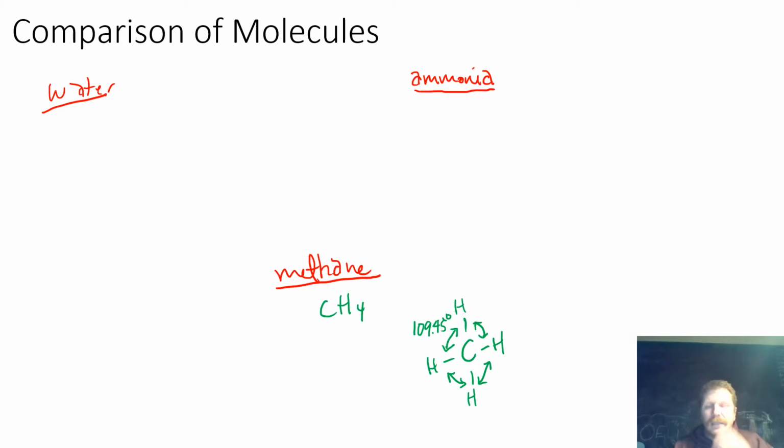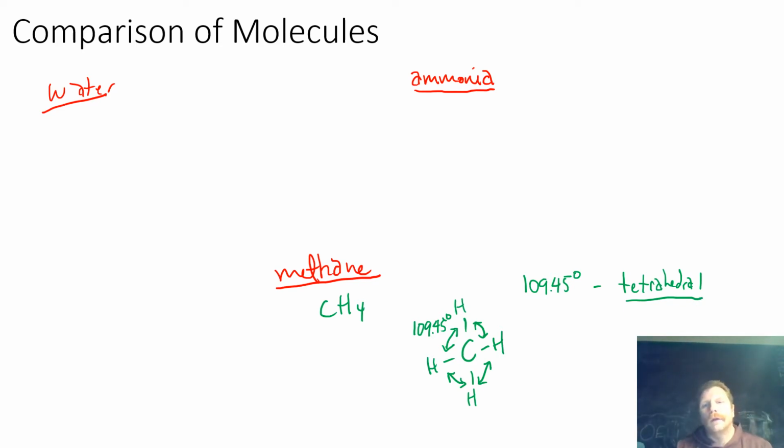Since these bonds are 109.45 degrees, the terminology for this is a tetrahedral molecule. We're going to get into these geometries in a little bit, but a tetrahedral molecule is a central atom with four bonding pairs surrounding it.